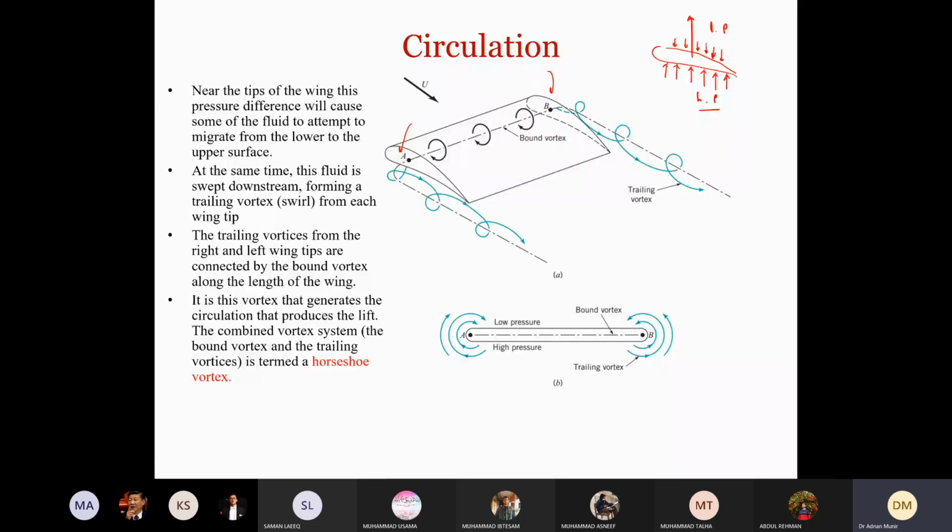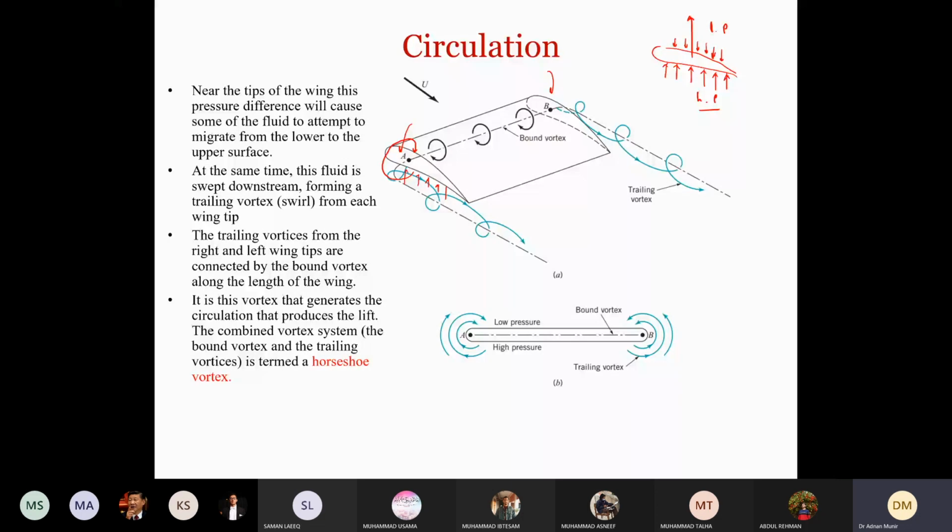Now because of this distribution of pressure force, what is going to happen at the tip of the wing? The fluid particles which have high velocity, high pressure at the bottom surface will move from the bottom surface of the wing to the top surface, because we know that fluid always flows from high pressure to low pressure.